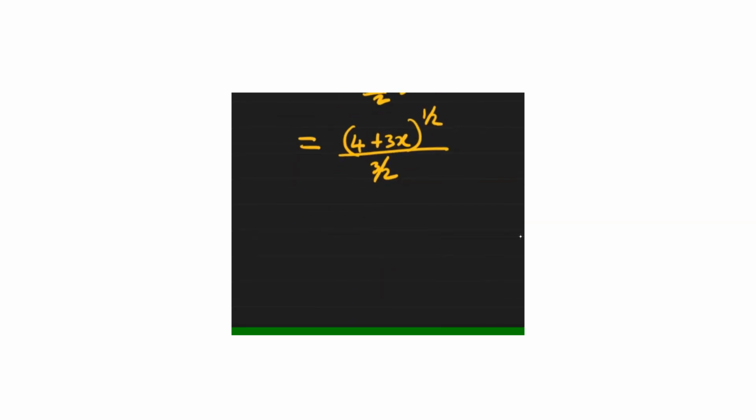Simplifying it further, it gives us 2 over 3 into (4 + 3x) to the power 1 over 2.